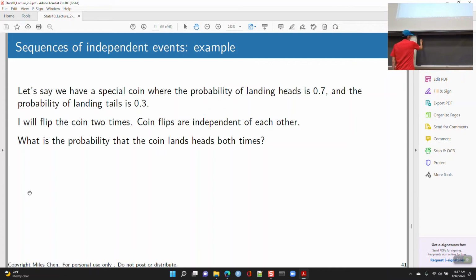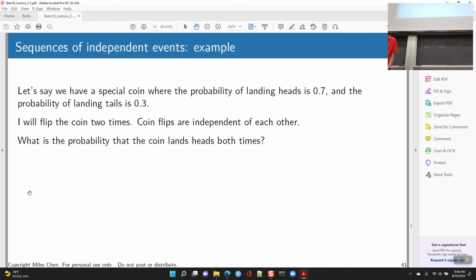Okay, so I've got the probability of landing heads, 70%. Probability of landing tails, 30%. And we're asking, what is the probability we get heads on both flips? We can think of this as heads on the first flip and heads on the second flip.